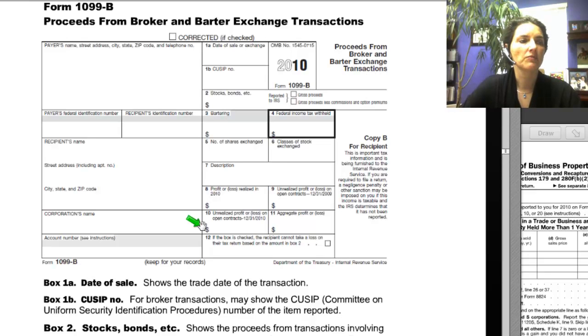Box 10 is unrealized profit or loss on open contracts. Box 11 is aggregate profit or loss. And typically, when you have numbers from regulated futures contracts, you're going to have to report those sales on Form 6781. Finally, Box 12, if this box is checked, the recipient cannot take a loss on their tax return based on the amount shown in Box 2.